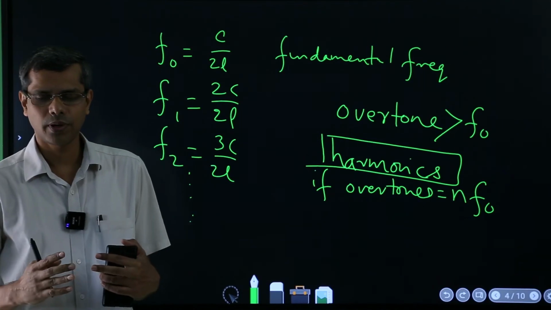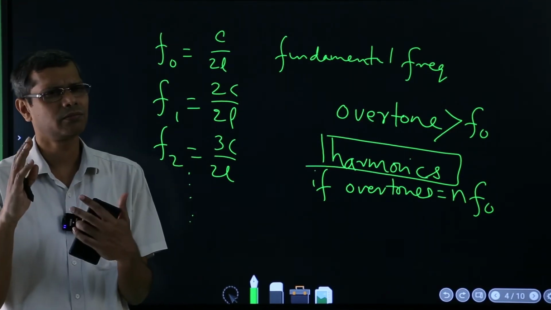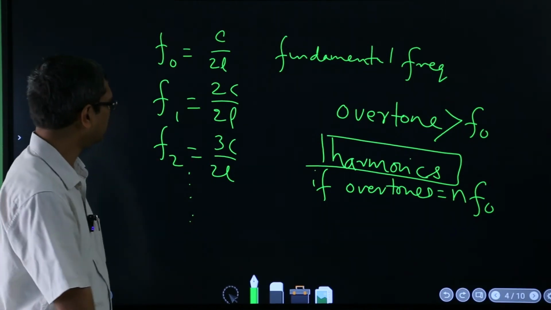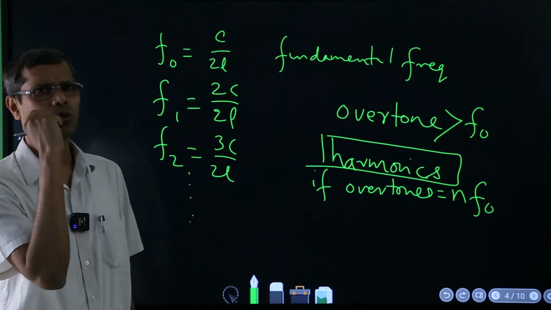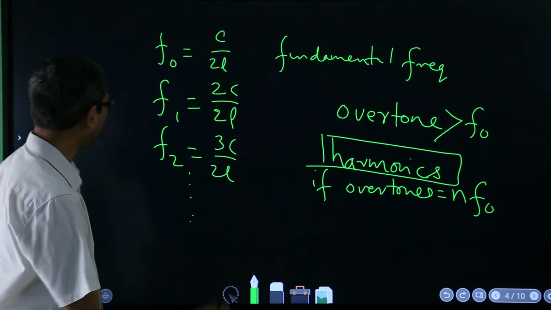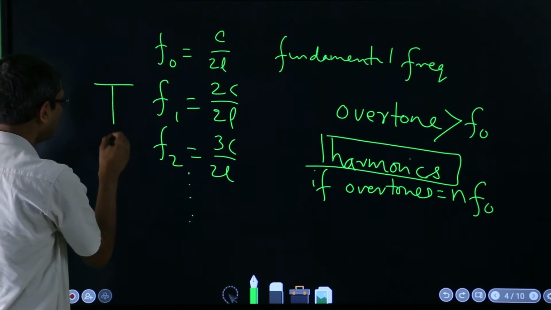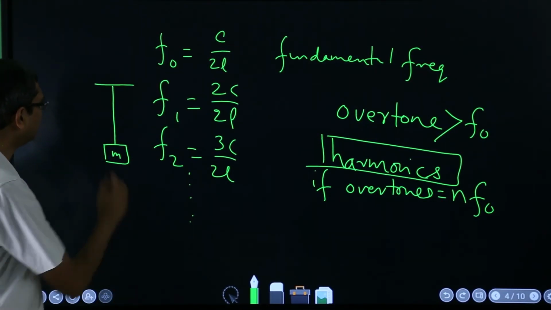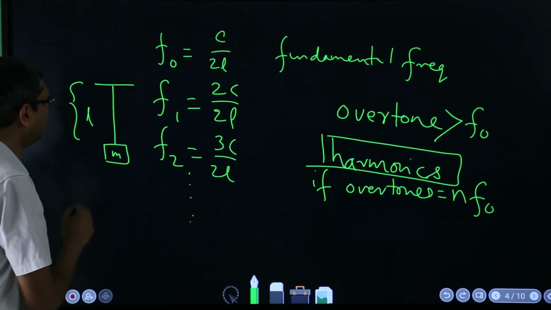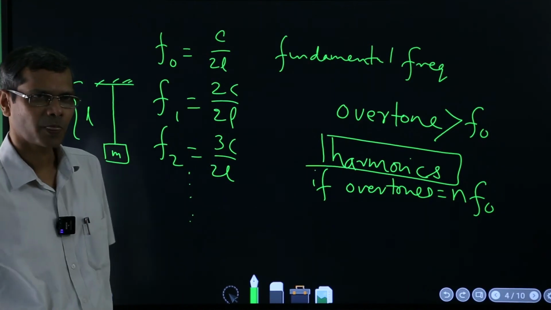I think some 500 or 600 BC, Pythagoras first noticed this. He did this experiment. He hung a particular weight here, with a given length, and then he struck it.